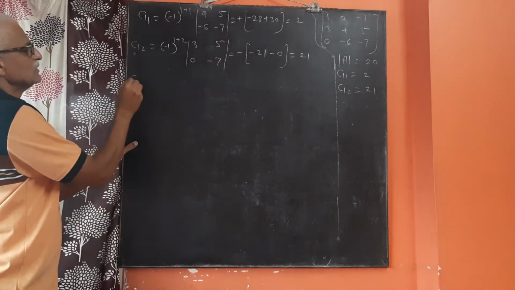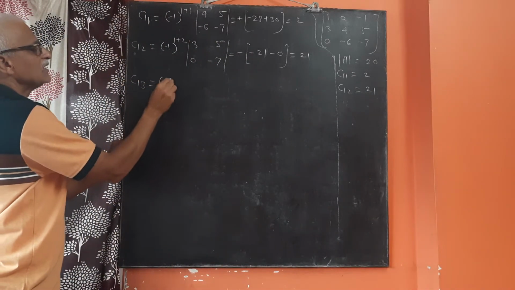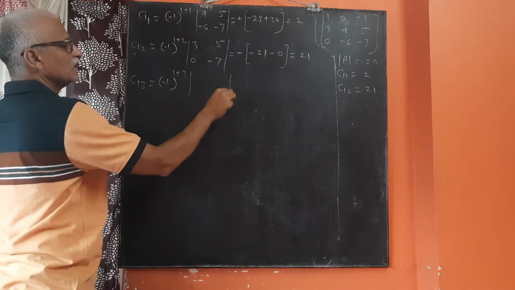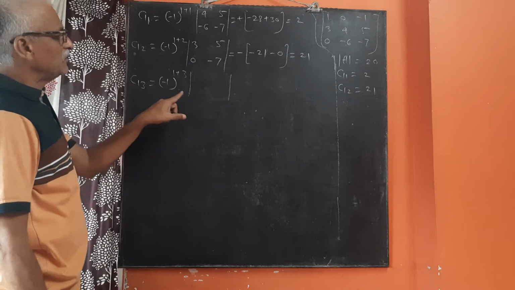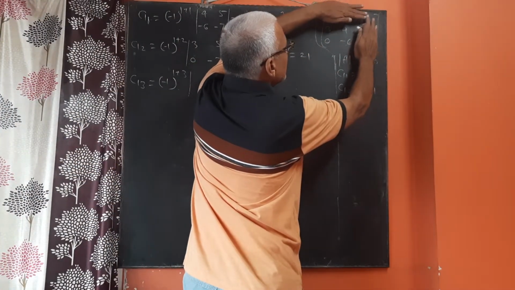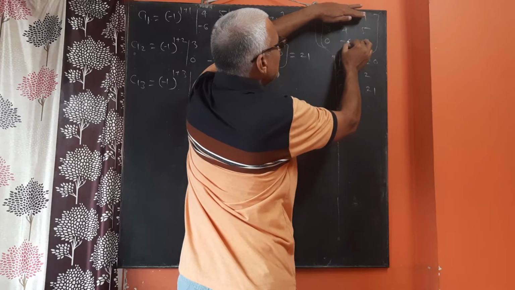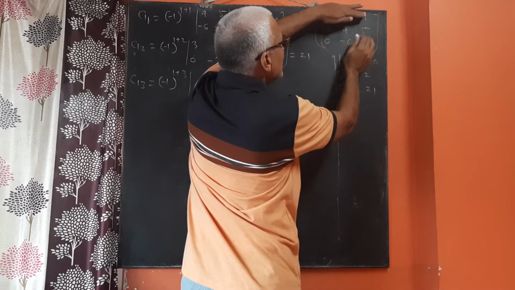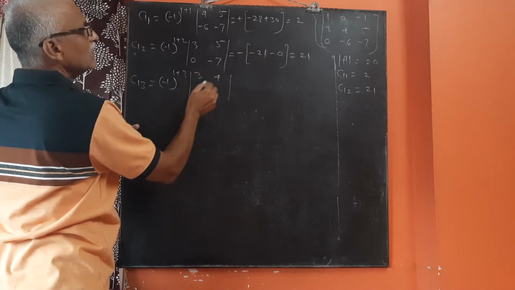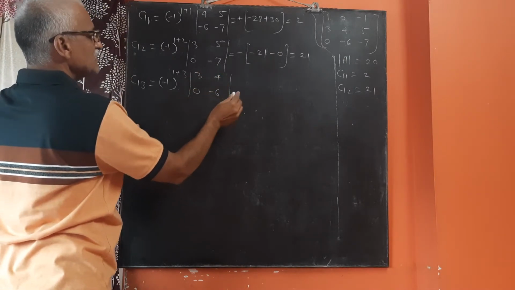Then comes C13, minus 1 raised to 1 plus 3 into the determinant of C13, meaning this position. This row and this column are removed, and what remains is 3, 4, 0, minus 6.